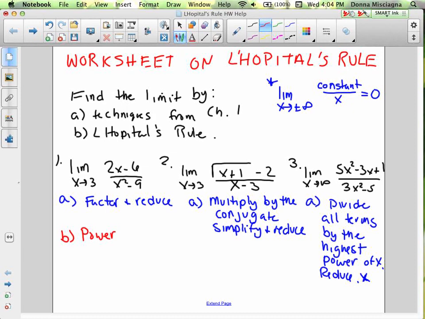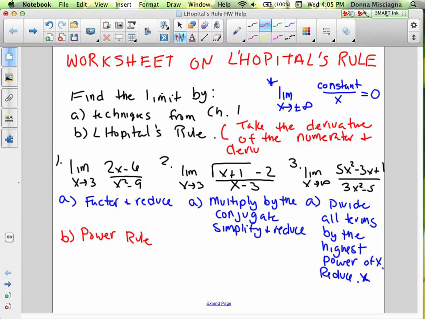Remember, when you're using L'Hopital's rule, as a reminder, take the derivative of the numerator and the derivative of the denominator. And then keep doing that.